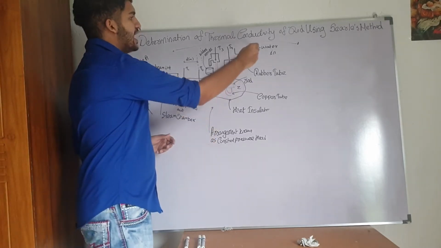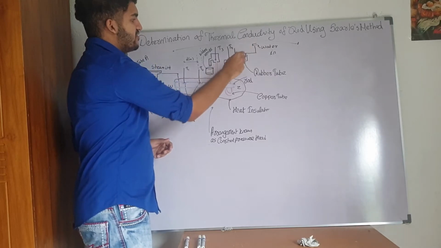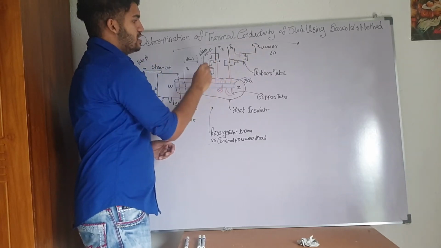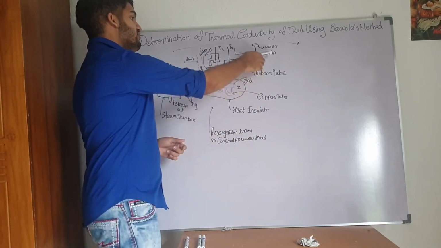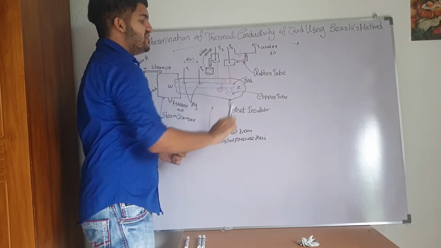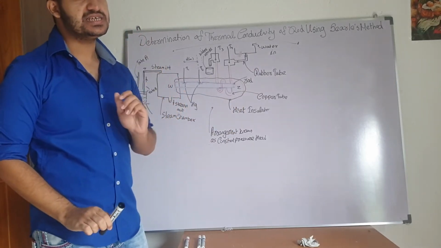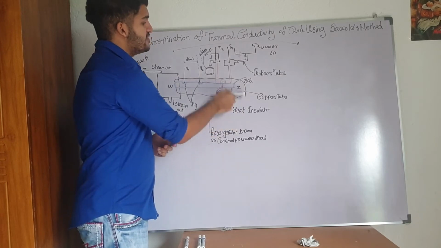So why do we have the water vessel at this point? That's one problem. Because when water is supplied from this point, as it travels through, it will gain heat. It will be able to conduct heat because of this copper tube.